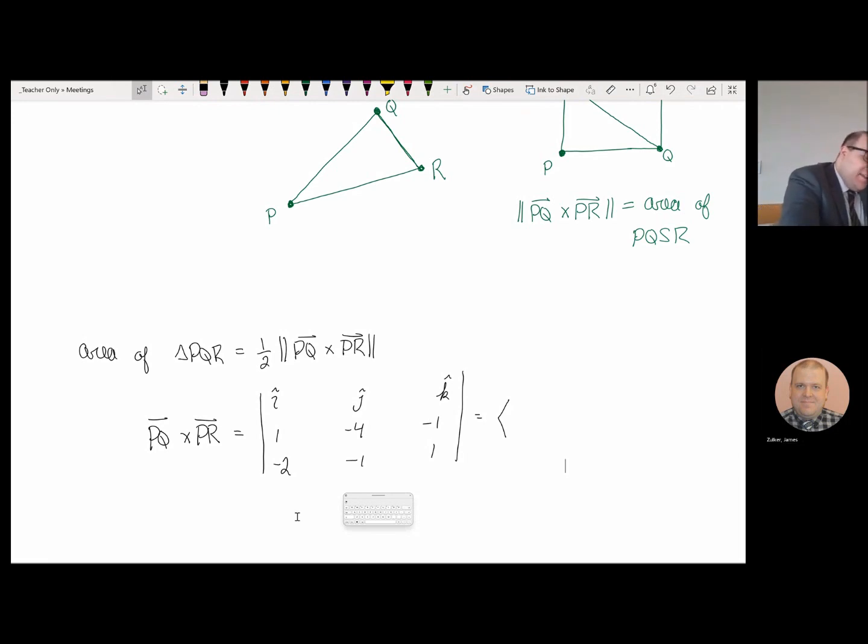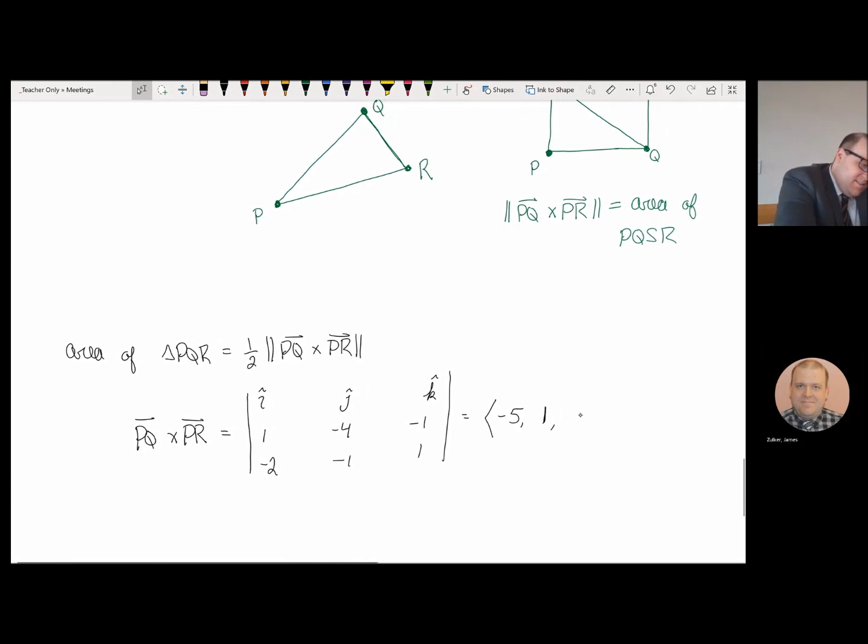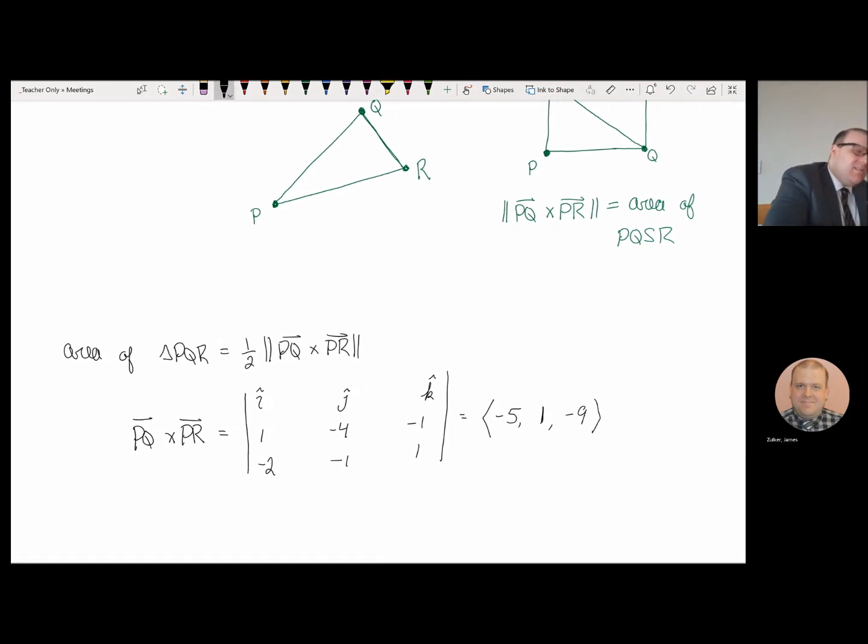So -4 minus 1, -5. 1 times 1 minus -1 times -2. 1 minus 2, -1. But we flip the sign for the middle component, so it's +1. 1 times -1 minus -4 times -2. -1 minus 8, -9. There's our cross product.